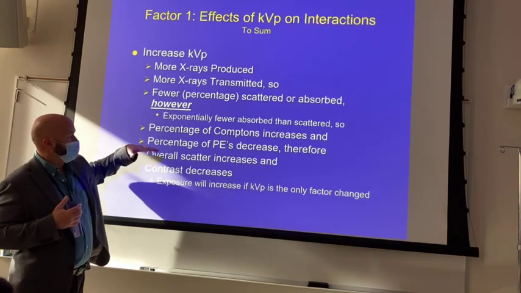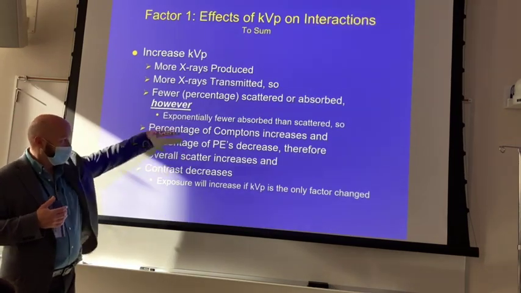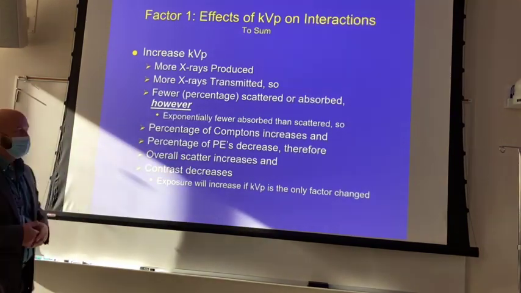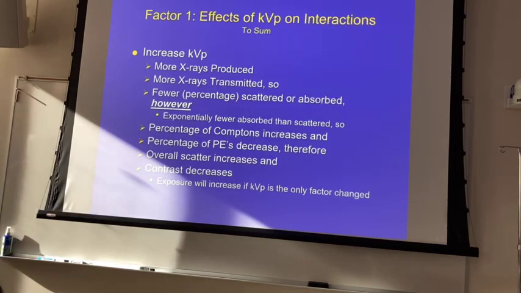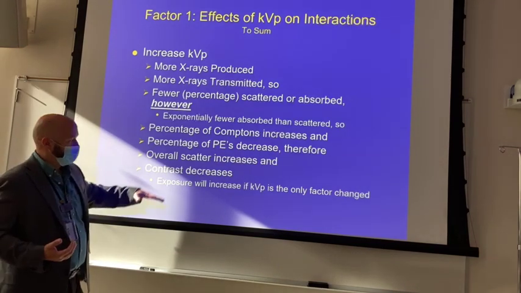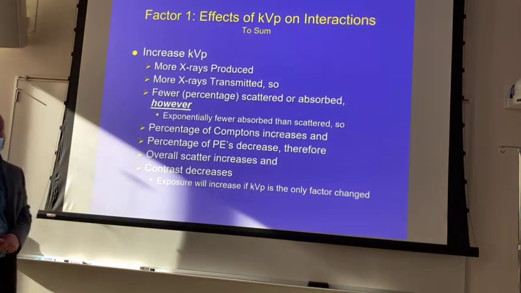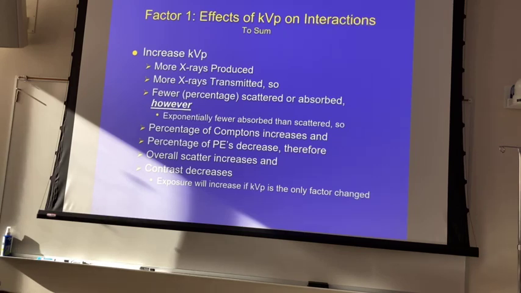The percentage of photoelectrics relative to your Comptons, that's your PE ratio, decreases, therefore you get an overall increase in scatter. The contrast decreases theoretically. And if you don't have an accompanying change in mass, your exposure will increase, right? So if kVp is the only thing that you change and you increase your kVp, then you're going to get an increase in exposure to the image receptor.